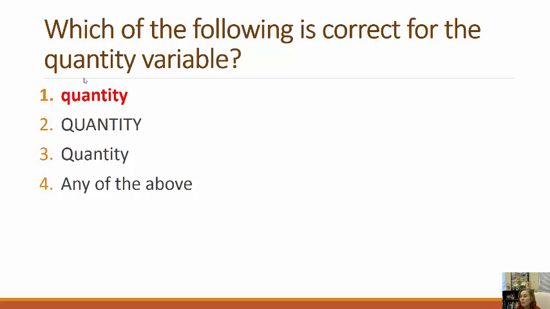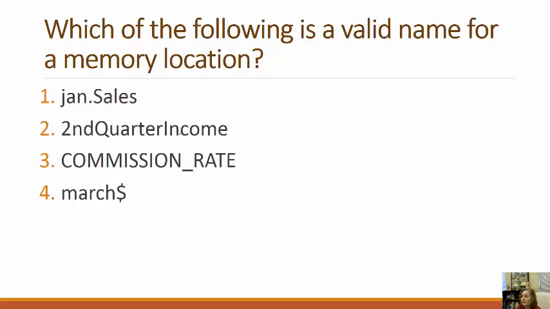In this case, because quantity is a variable, it has to be lowercase. Remember, uppercase signifies that it's a named constant. Remember that variables don't start with capital letters. And because these two are wrong, obviously number 4 would be wrong.